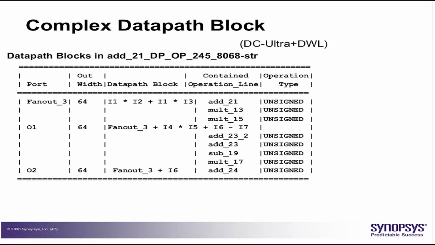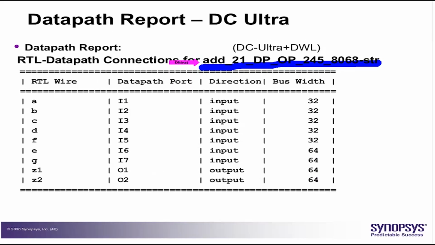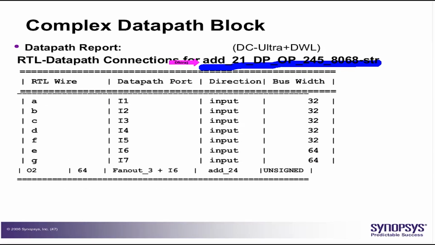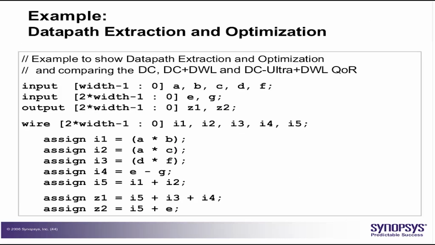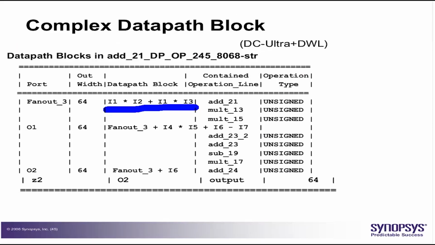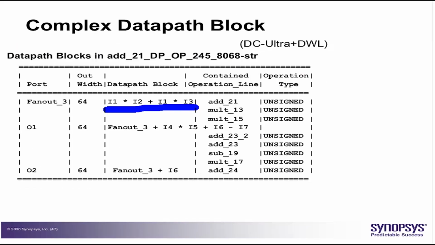It tells us that it creates an intermediate port, fan out 3, and it implements I1 into I2 plus I1 into I3. I1, I2, I3 correspond to A, B and C. So it actually did A into B plus A into C. We can see a similar operation here: I5 is equal to I1 plus I2, A into B plus A into C. So it created an intermediate fan out 3 port with this operation.